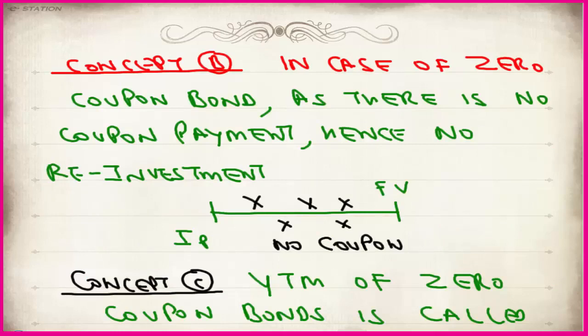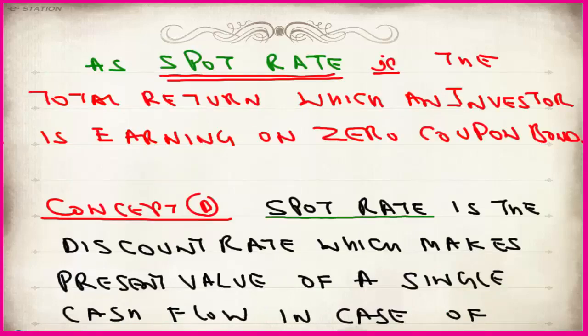I have prepared a timeline for that. So I am on to concept number C, which is a very important concept. The YTM of a zero coupon bond is called the spot rate. YTM is yield to maturity. So how do we calculate yield to maturity when we are not getting coupon, and so cannot reinvest?